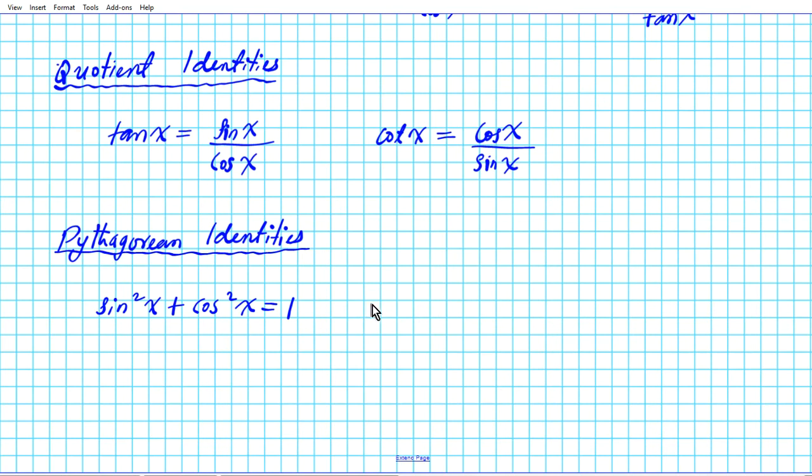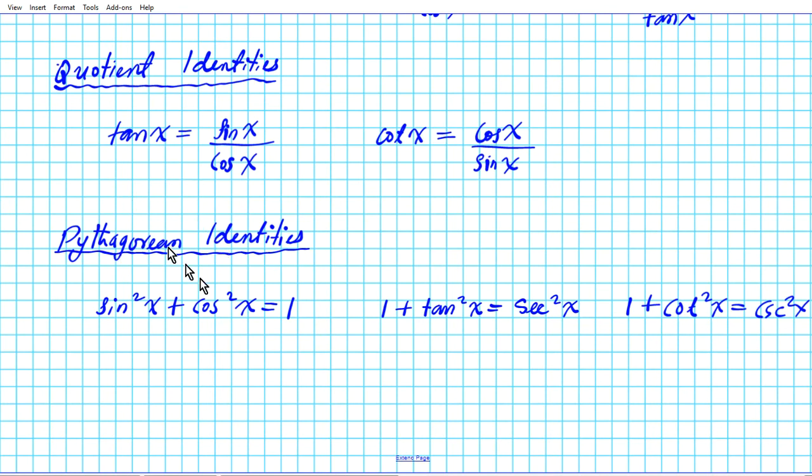And then we also have the one that relates tan and secant. 1 plus tan square x is equal to secant square x. And then lastly, the one that relates cotangent and cosecant. 1 plus cotangent square x equals cosecant square x.